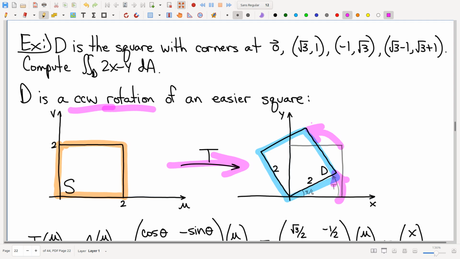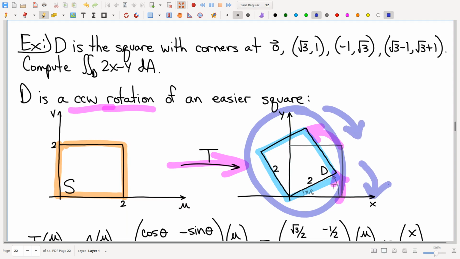Okay, so assuming we're good with that, notice that what that means then, when I do the pullback, having been given this square, my new pullback domain is effectively the result of turning it to the right to give me the orange square.